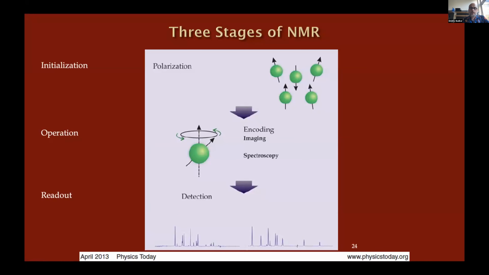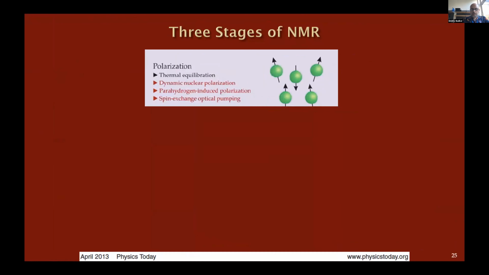But we are doing the kind of NMR where we invent or utilize techniques that don't rely on magnetic field for each of the stages here. And this is similar, if you like quantum computers. These 3 stages are similar to initialization, operation, and readout, basically the same thing.